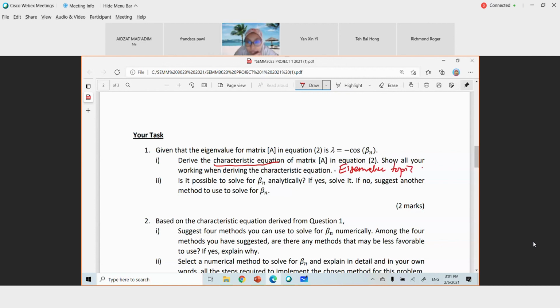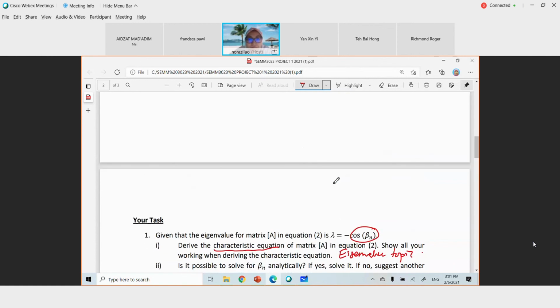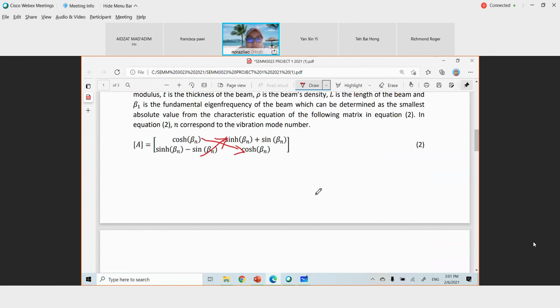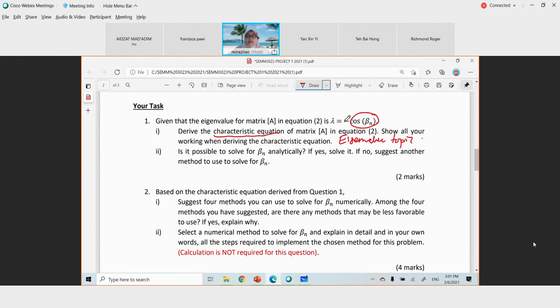Because this is lambda, after that you can change this one to lambda.